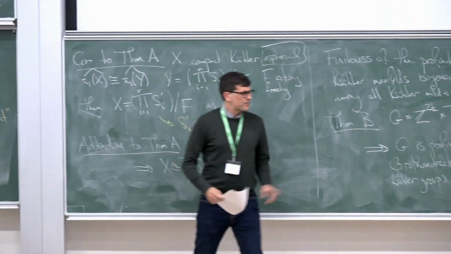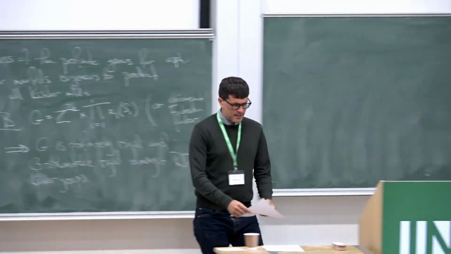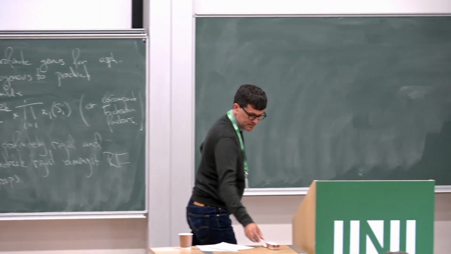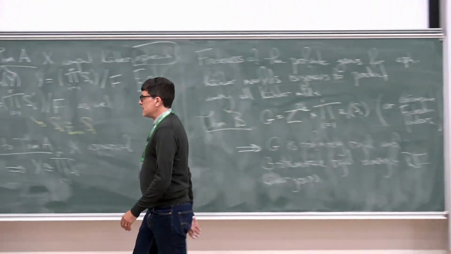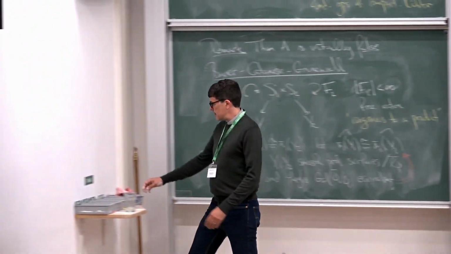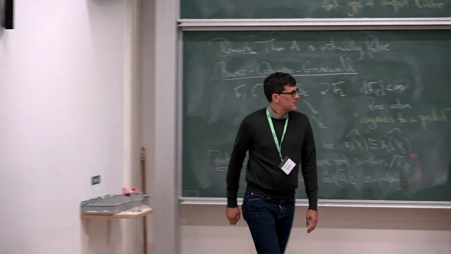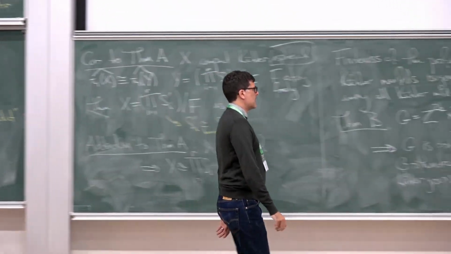Okay, so for this talk, I'm going to ignore the abelian factors. They're a bit of an annoyance. I'm going to ignore Grothendieck rigidity as well, but I'll mention what one needs to do here.